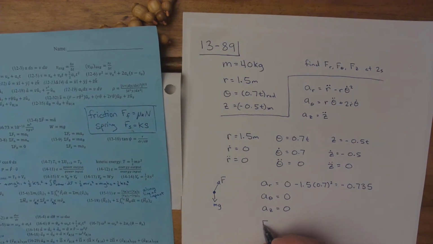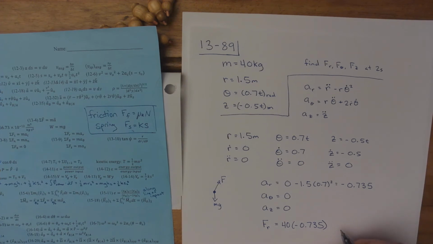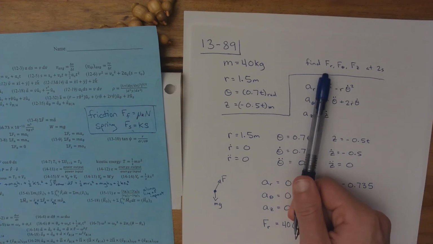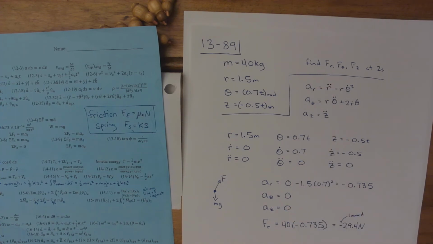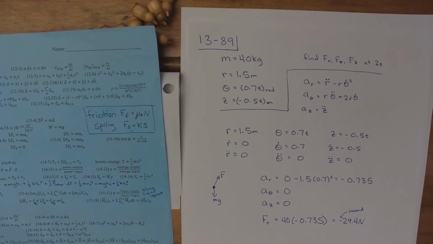So we have Fr, which is the radial component of this force, is equal to the mass of 40 times negative 0.735, which gives me negative 29.4 newtons, and the negative sign here means that the force is acting inward. And because it did ask me for the component of the force, I would leave that negative sign there. So that is telling me that it's pointed inward.